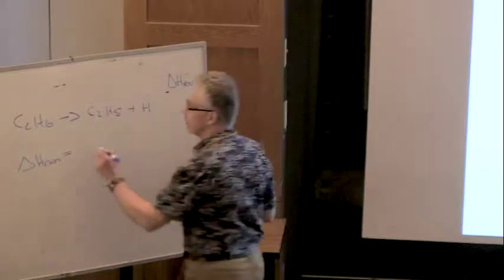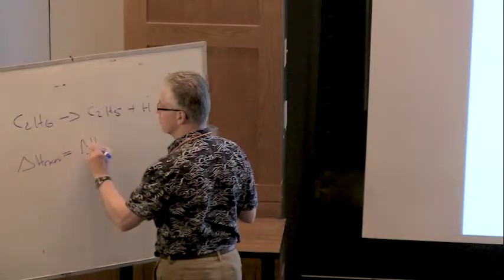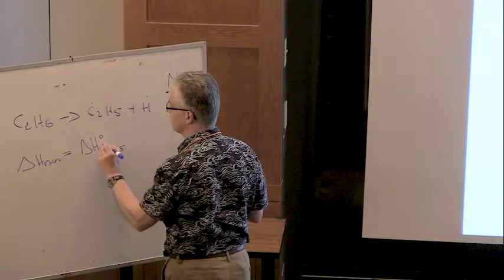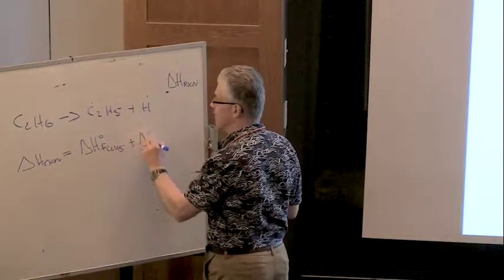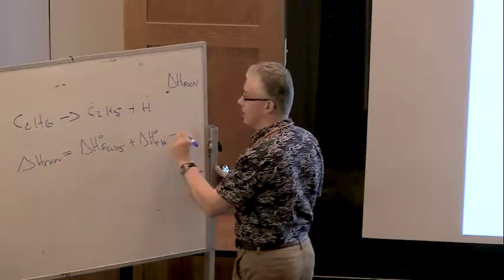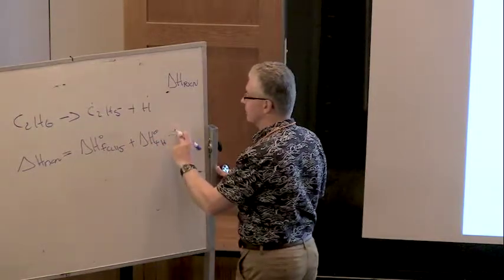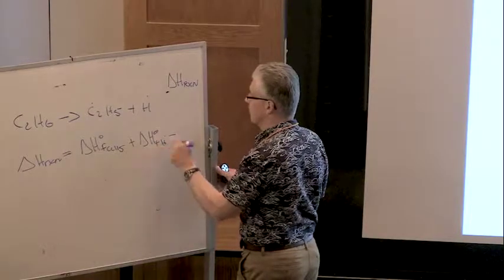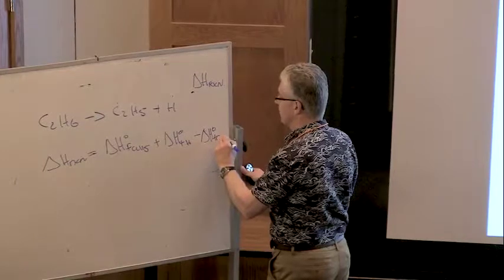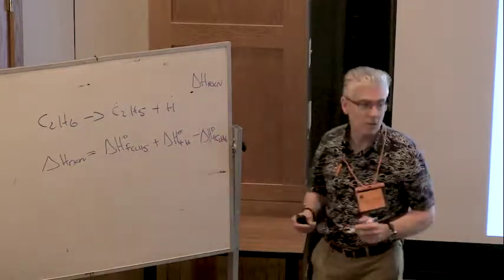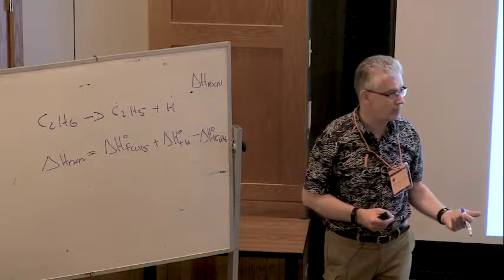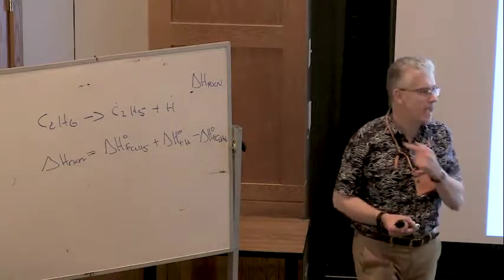So delta H reaction is delta H naught F C2H5 plus delta H naught F H radical minus delta H naught F C2H6. Okay, the heat of formation of the products minus the heat of formation of the reactants is the heat of reaction.